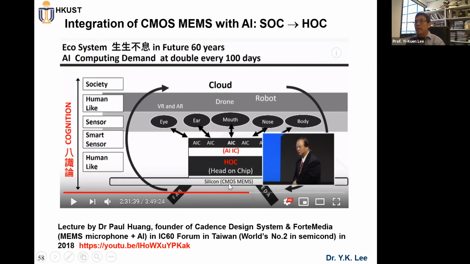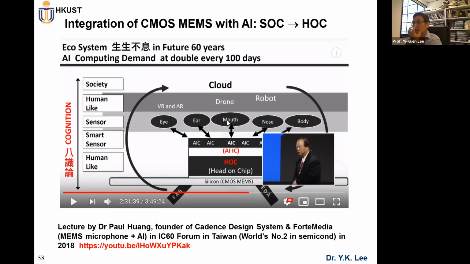We can really enable a new generation of the semiconductor industry through the integration of all kinds of sensors. At the moment, the most mature sensors in a smartphone are like your eye, the CMOS image sensor camera, and then the microphone. In the future, we will get additional sensors.